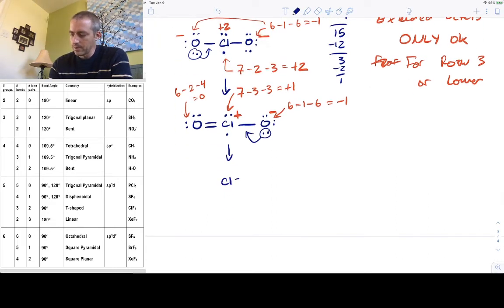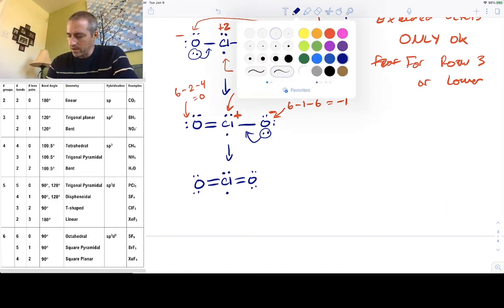Then we get Cl, double bond to that oxygen, double bond to that oxygen, 2 lone pairs on each oxygen because we used one of the original 3 lone pairs to make the multiple bonds. We have the pair on the chlorine and a single electron on the chlorine. So we've gone way over the octet on this chlorine, right?